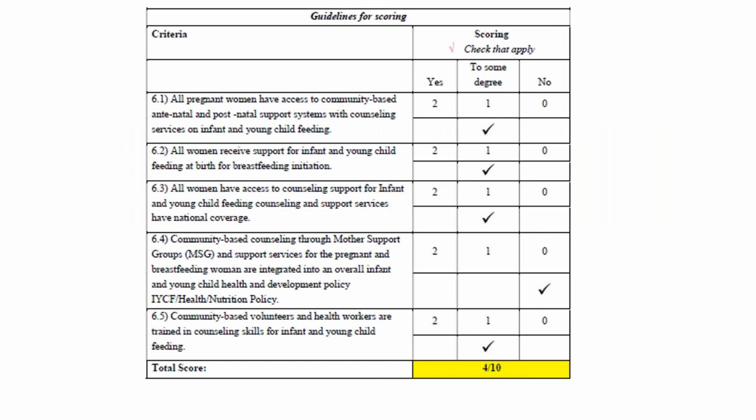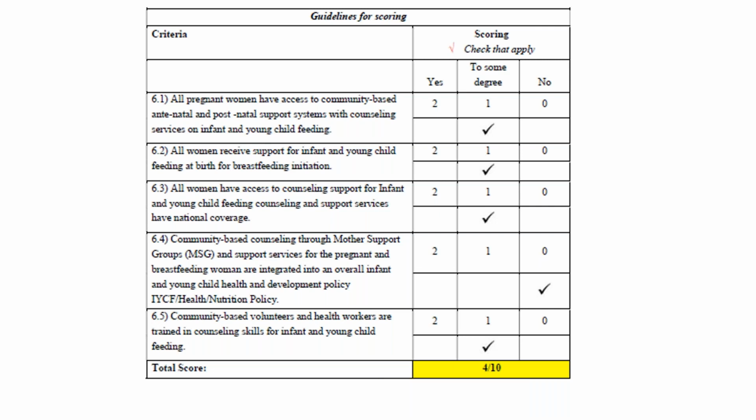And one of the reasons it's to some degree is because of the WIC program, that women receive access to community-based support systems that are within the governmental policies. That's the issue with this particular criteria.